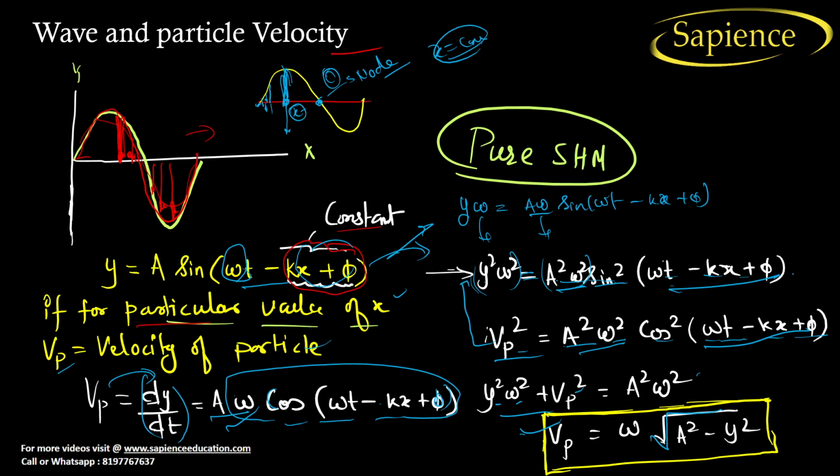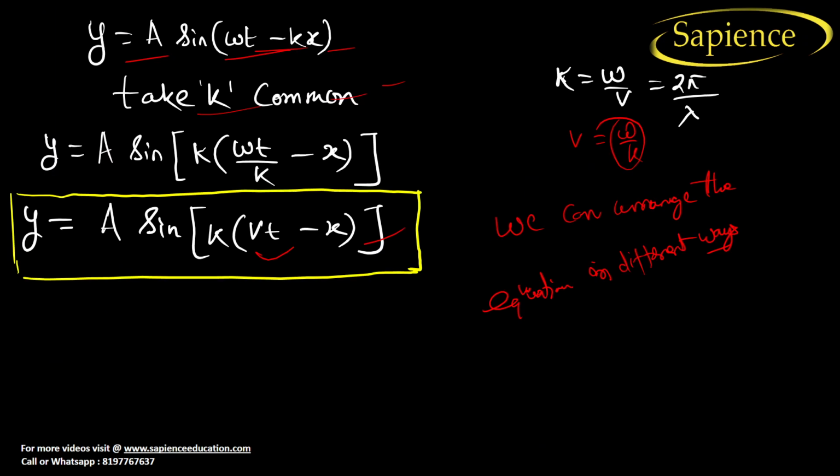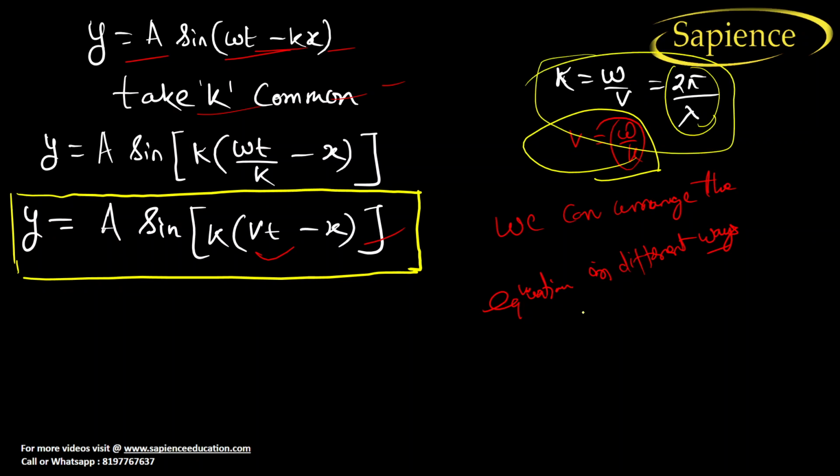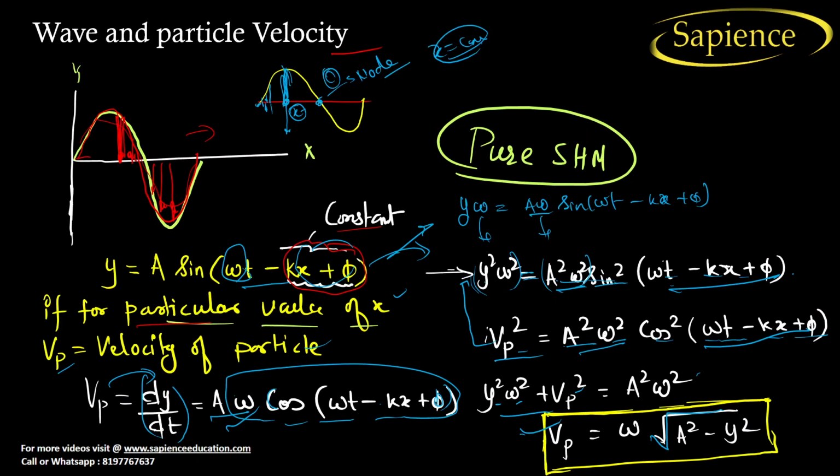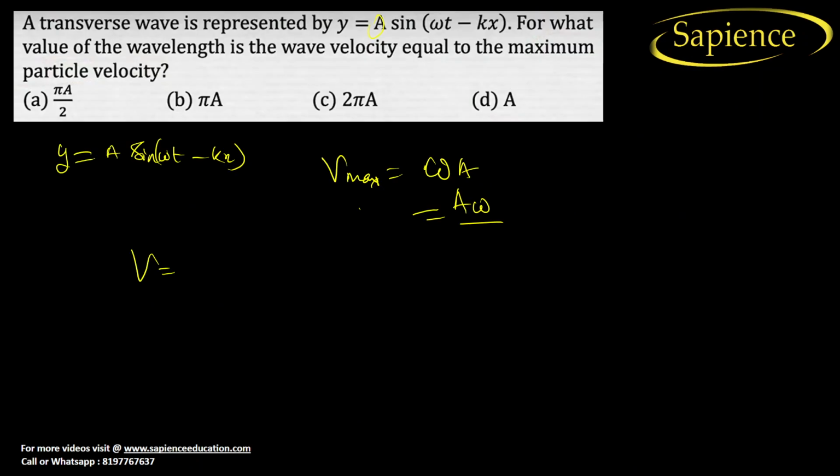Let us revise the same formula. This can be written as V is equal to omega lambda by 2 pi. So from this equation we have got V is equal to omega lambda by 2 pi.